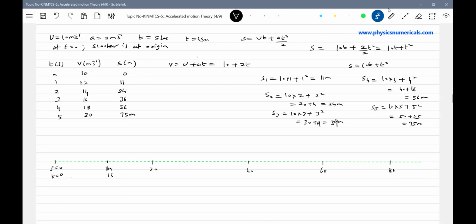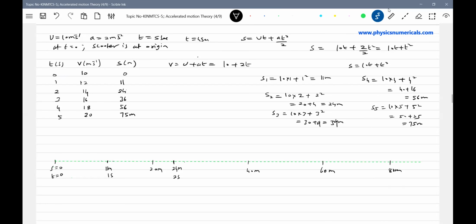At 2 seconds, it will be at a distance of 36 meter.